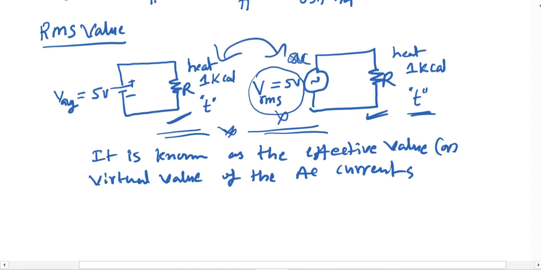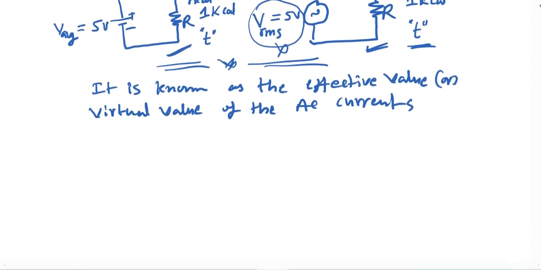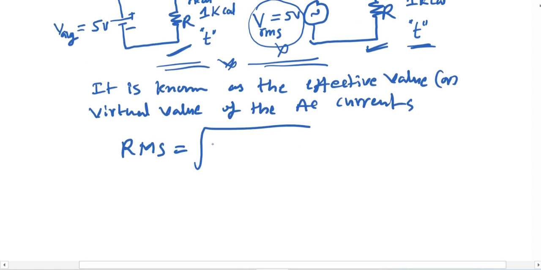Then how will you calculate the RMS value for a given AC quantity? The root mean square is the area under the square, divided by the time period.